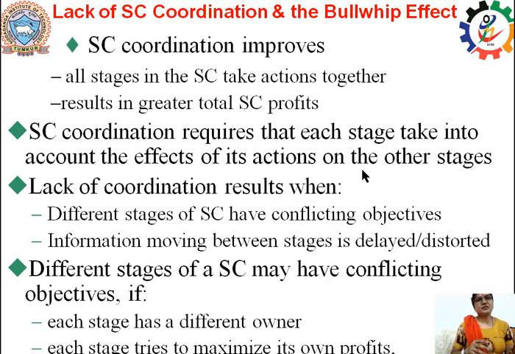Manufacturer produces the product, whereas wholesaler will distribute it. Now supposing the manufacturer used to deliver one truck every week to a particular wholesaler, and supposing he thinks about his local objective of maximizing his own profit, he thinks of cutting down the inventory cost.